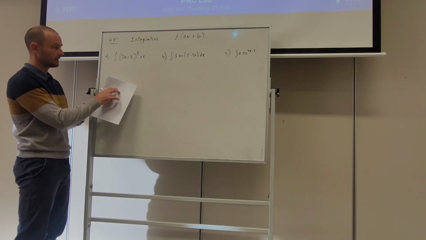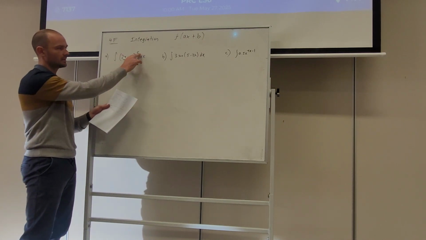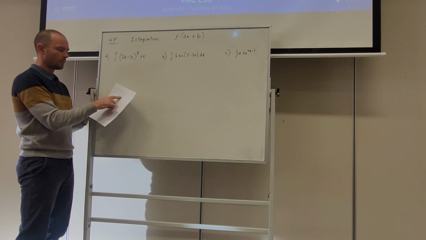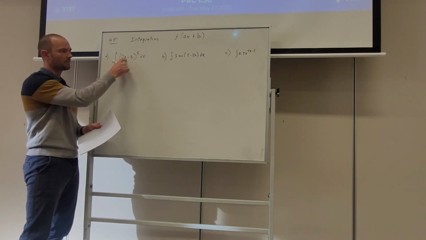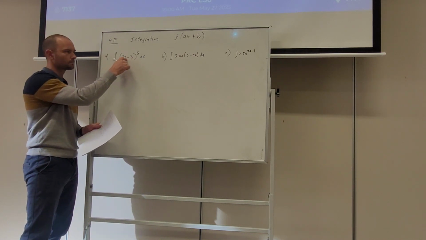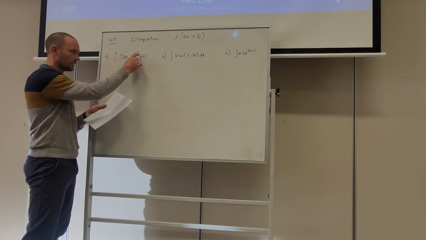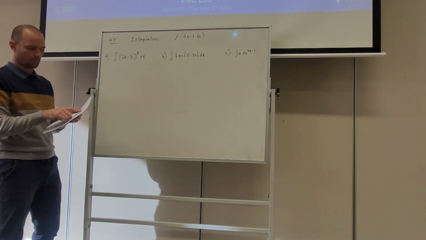We have ax plus b to the power of n, 2x take 3 to the power of 5. So we just got to identify a is the coefficient of the x term, n is the power, and then b is just the constant term all by itself.